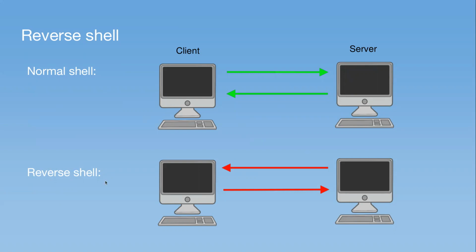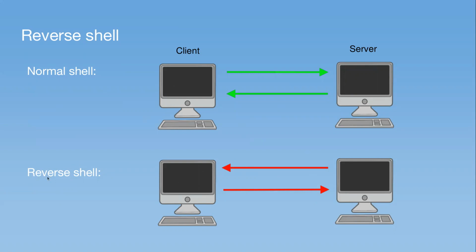But in a reverse shell, it's the server which initiates the connection. But you still want the client to actually have the shell, to be in control of the shell. So it's a funny alteration on how a shell is initiated.